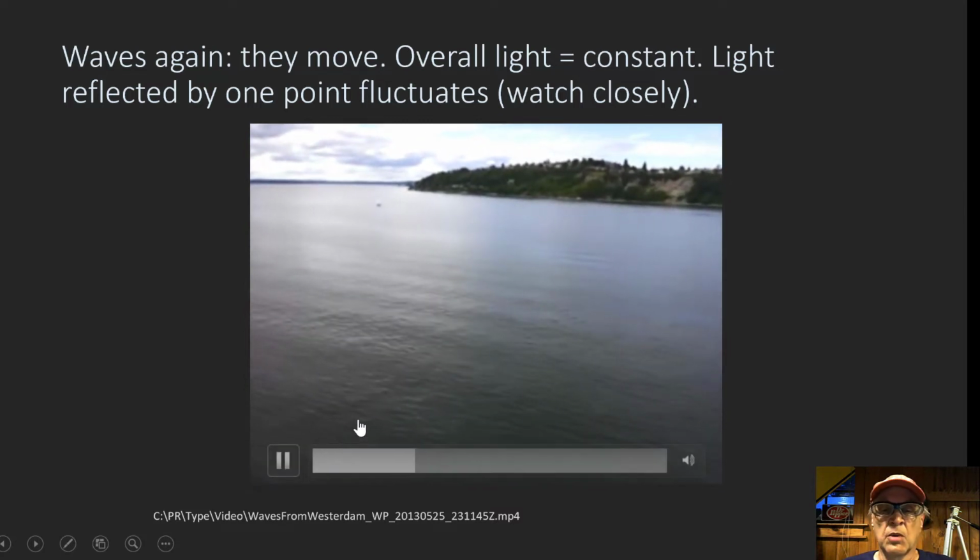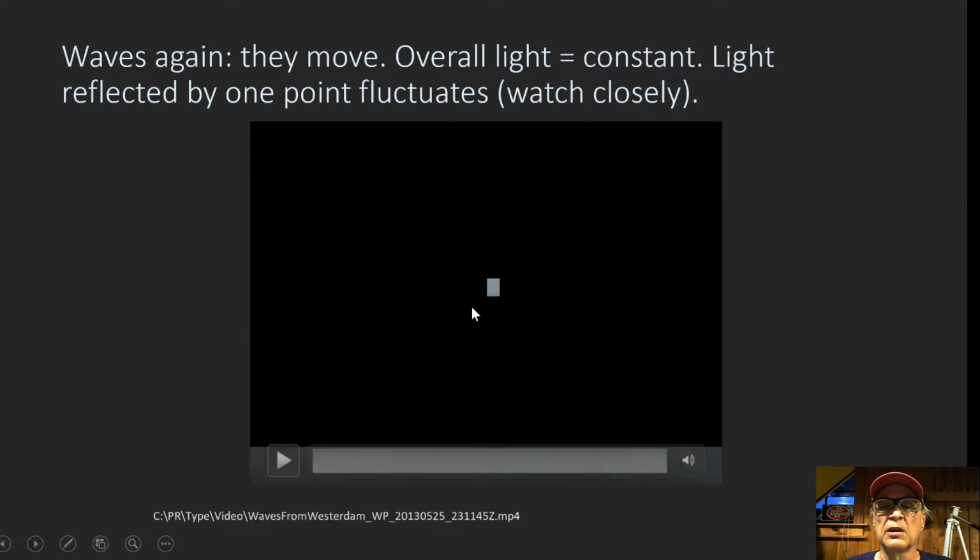Okay. But what I can do is put in a little mask here and just look at the light in that one little region, and you'll have to take my word for it, it fluctuates. You might not be able to see this very clearly, but I can see that there are little tiny fluctuations in that region. Okay?